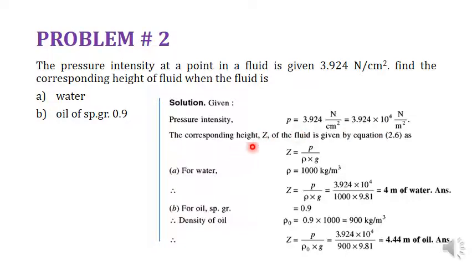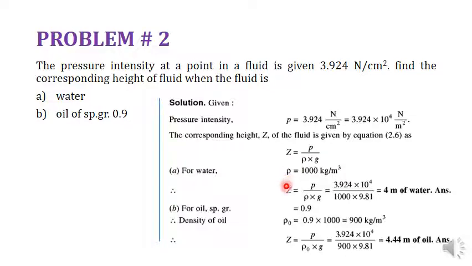So first you need to be consistent with the units, that is the SI system. Now you can use P equal to rho g h, the hydrostatic law, and taking your pressure head on one side, you will have the law in the form h equal to P over rho into g. So you get rho into g in the denominator and P in the numerator.